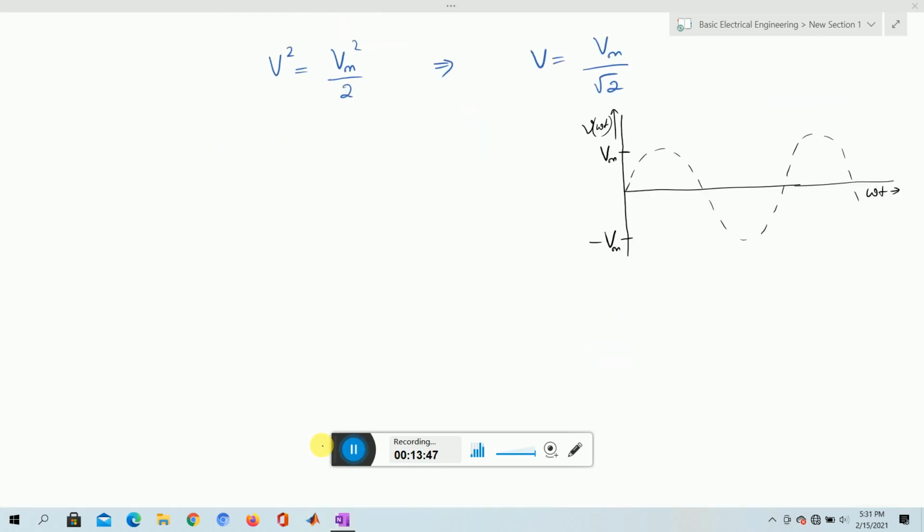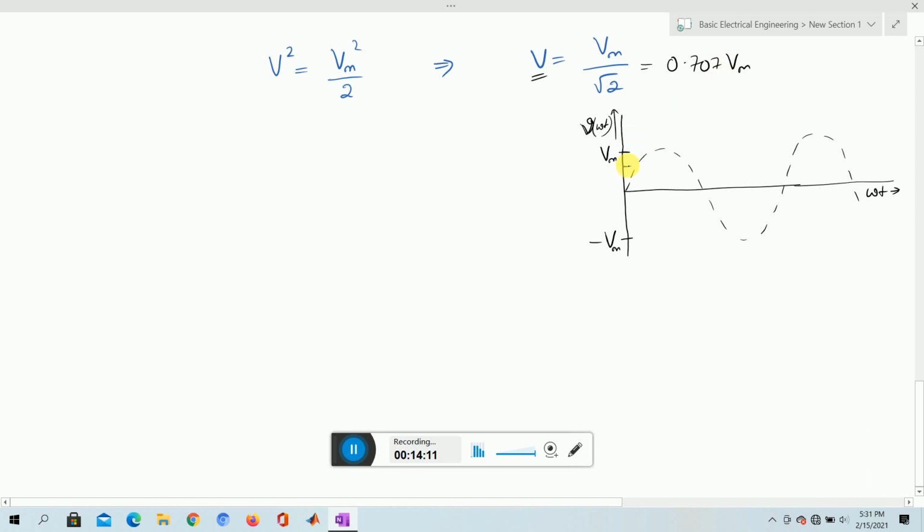So now again this waveform is drawn over here, and you can see what is Vm and what is minus Vm. This AC waveform of small v of t is now represented with capital V, and this V is obviously less than the Vm, that is 0.707 times Vm. So it is 70% of it.